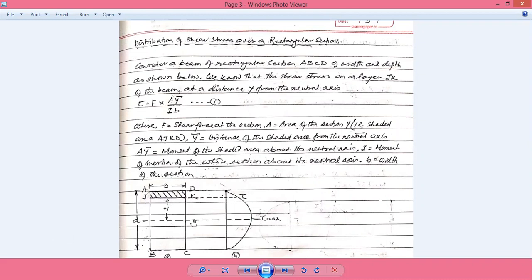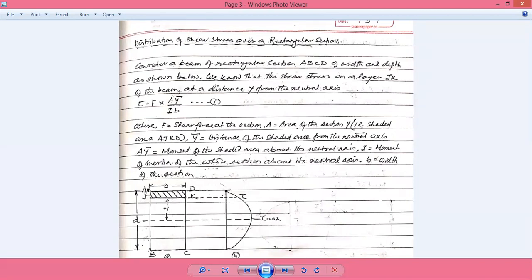Now, y bar is the distance of the shaded area, that is, the distance of the center of gravity of the shaded area from the neutral axis of this particular section itself.